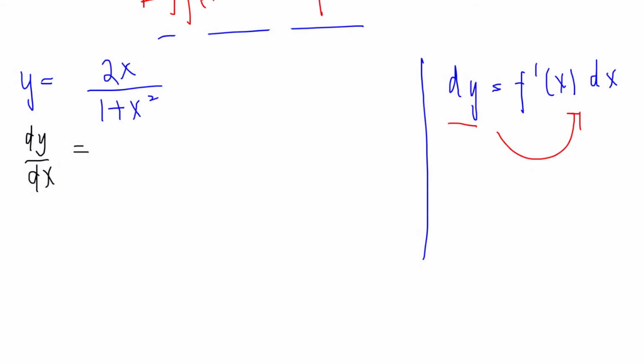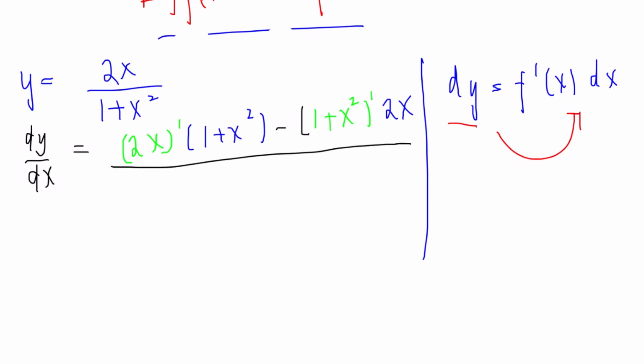So the quotient rule states that we will differentiate the top function, and then we're going to multiply it with the function at the bottom, and then we're going to subtract that from differentiating the function at the denominator, 1 plus x squared, and then we would multiply that with just the function at the top, 2x, and then we divide all of this by 1 plus x squared, and then we square the function at the denominator.